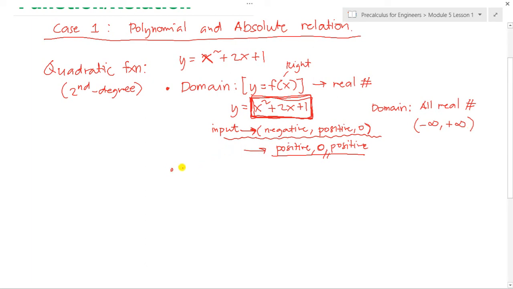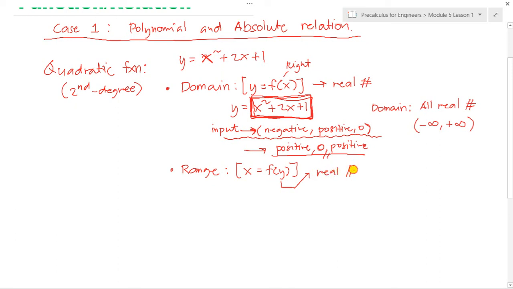Let's proceed to the range. The range, class, from the previous example for the linear, we said that this time we transpose our function into x as a function of y. Then this y, we assume or we should restrict, that the answer is a real number.